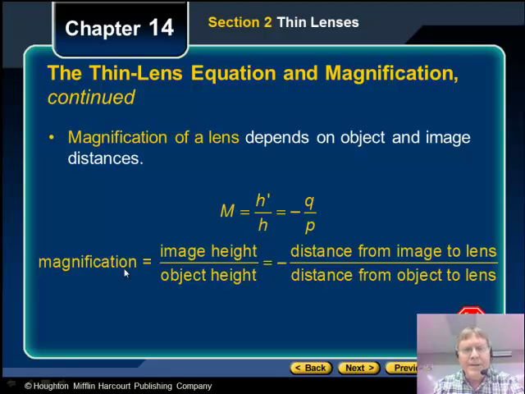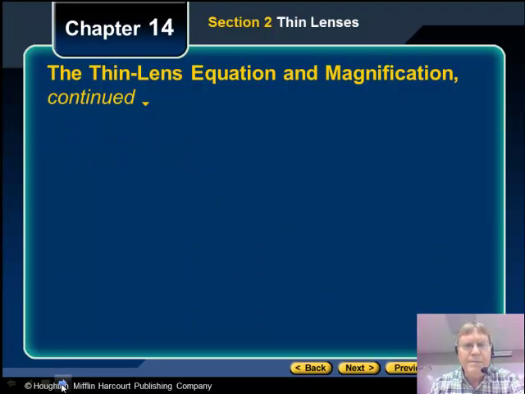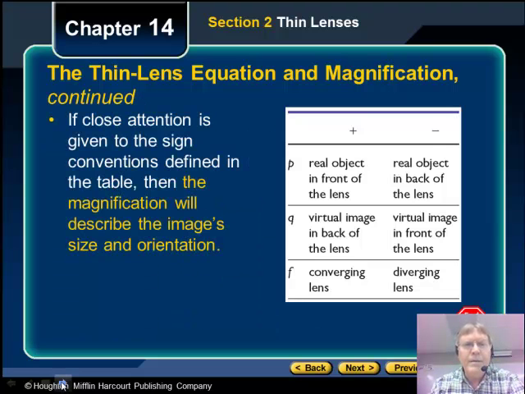Okay, so again, this is exactly the same as it was for mirrors, and it's used exactly the same way. You can use the magnification to describe the image's size and location.